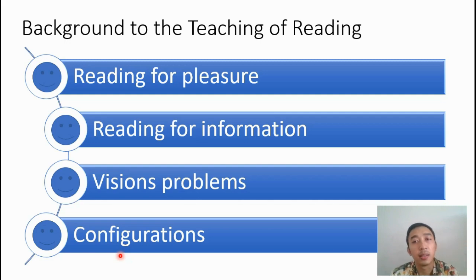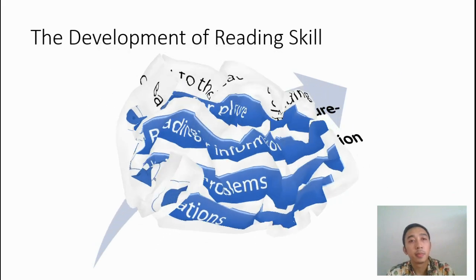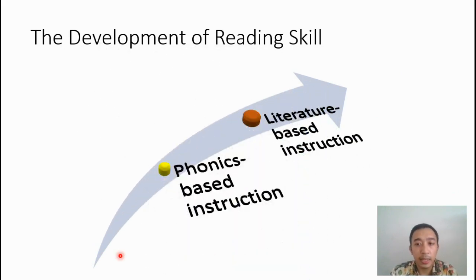Now, this is very problematic. So we have to configure or adjust our writing to be better when teaching young learners. Okay, for the configuration, using lowercase is better than uppercase. The next one is the development of reading skill. This is the process of the development of reading skill. First one is phonics-based instruction, whether we are aware or not.